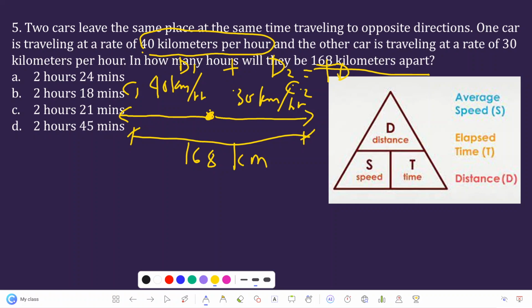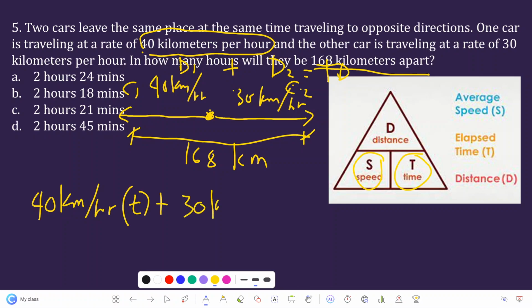So, ganun ulit. So, how do you compute for the distance traveled by car 1? This is simply speed times time. So, ang speed is given. You have here 40 km per hour times time plus 30 km per hour times time is equal to 168 kilometers.